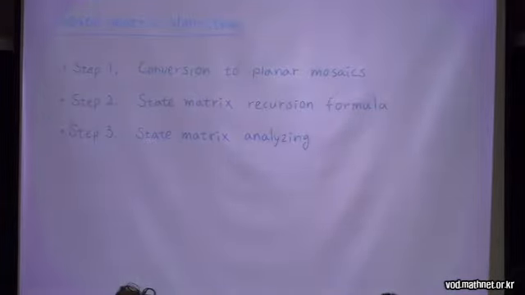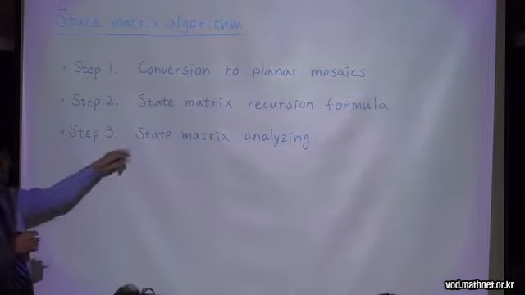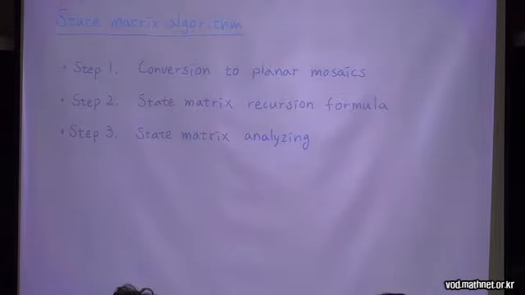In the second step, we'll find the recurrence formula. We're going to explain the definition of the state matrix and try to find the recursion formula. And in step 3, we're going to analyze the state matrix to find the exact number.